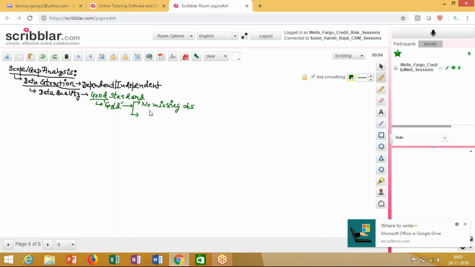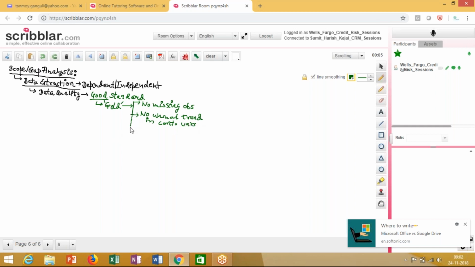Second is which does not have any unusual trend in continuous variables.